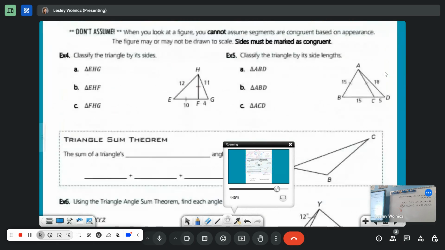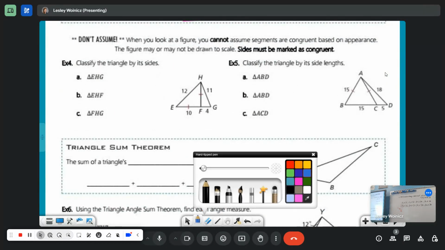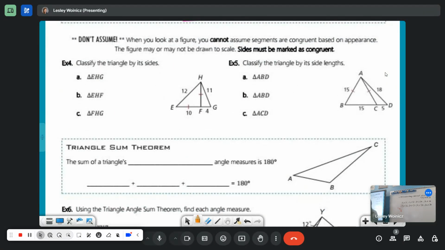All right, here we go. Let's do some classifying. We can't assume. When we look at a figure, you can't assume that segments are congruent based on how the figure is drawn, on how it appears. The figure may or may not be drawn to scale. The sides have to be marked as congruent.